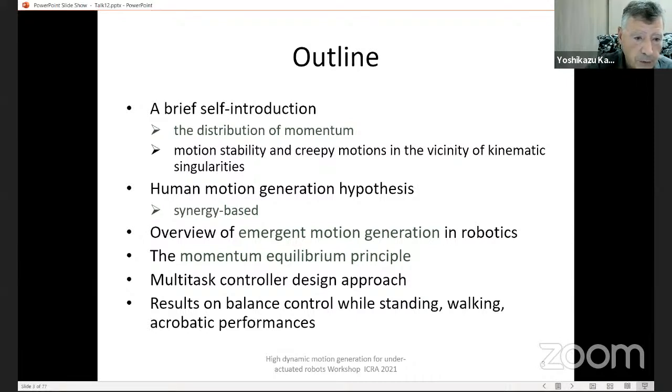I will then explain our multitask control design approach, and finally give results, mainly simulations, for balance control while standing or walking, as well as a number of acrobatic performances generated with our controller.